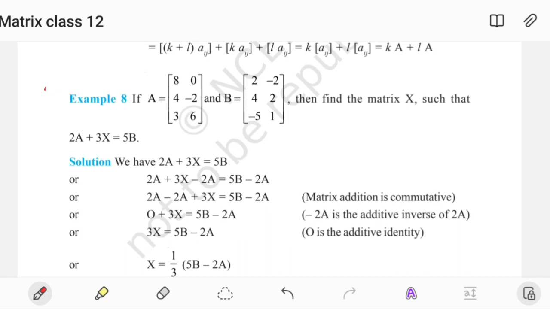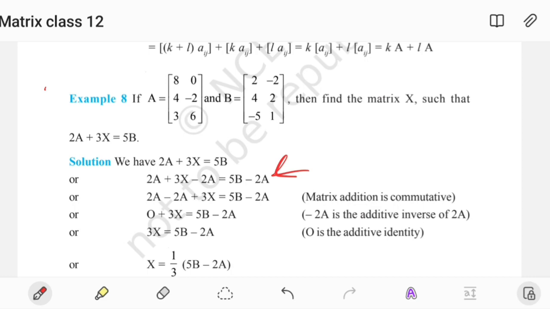Why do they remain equal? The reason behind it is that matrix addition is commutative. This is the reason that they remain equal even when I add minus 2a, right? This is the correct way of doing it.